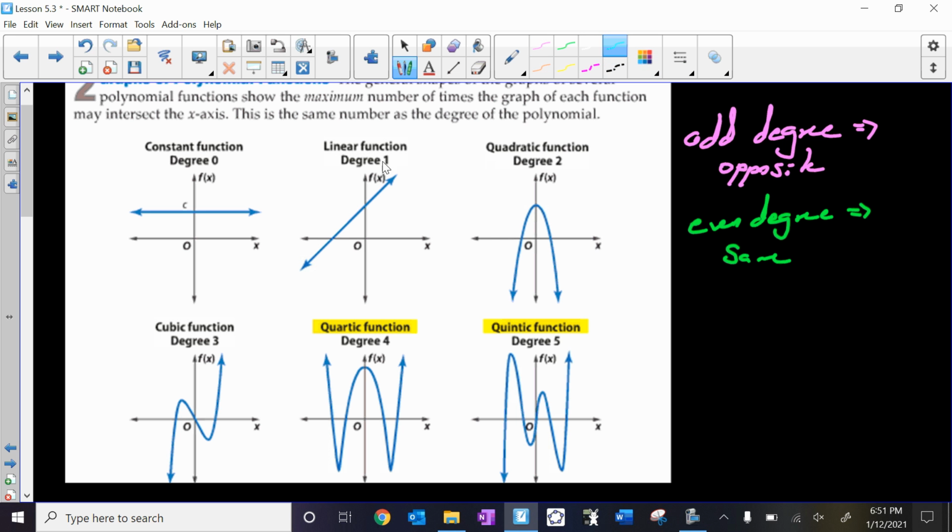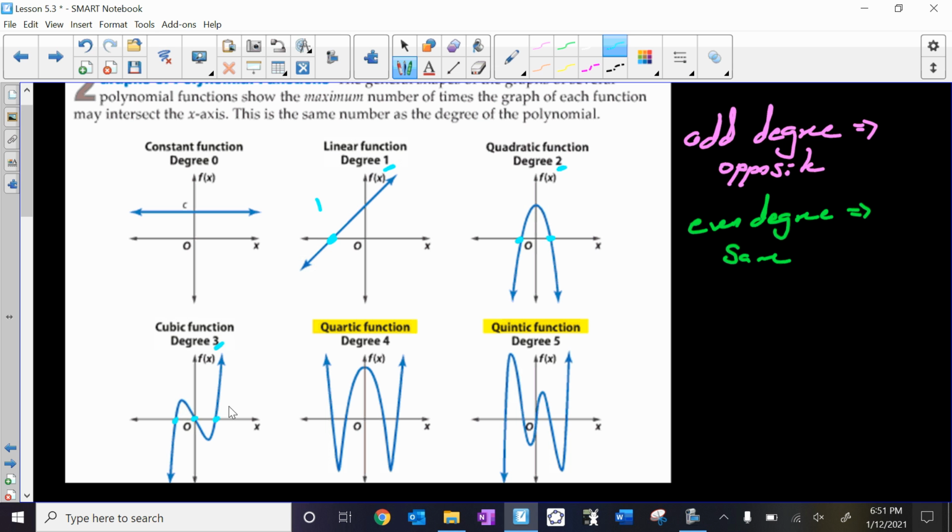If I look at a degree 1, I want to know zeros. Remember, zeros or solutions or roots, that's where it crosses the x-axis. Here, I see it crosses the x-axis once. On a degree 2, it's crossing it twice. Degree 3, crossing it 3 times.